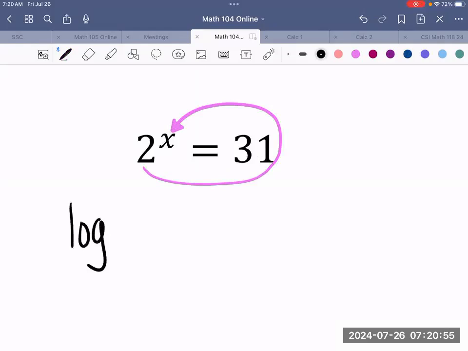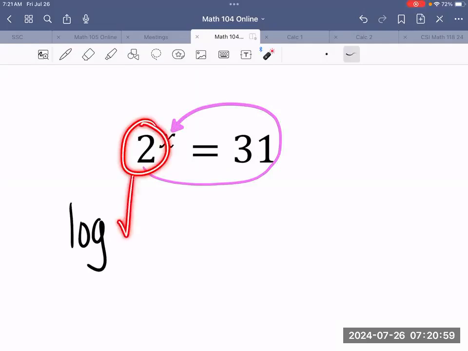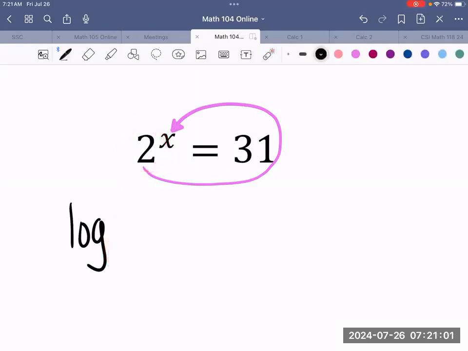Where is your base? Your base of the exponential is 2, so our base is going to be attached to your log here, 2. Notice that it's kind of underneath the log, a smaller number. The next value we write is 31, is equal to x.